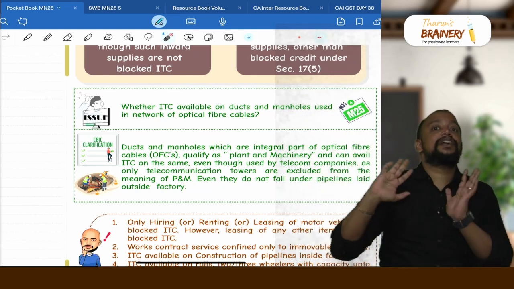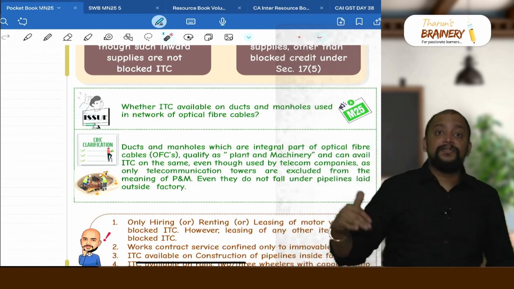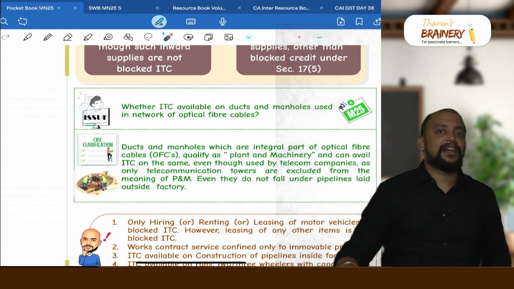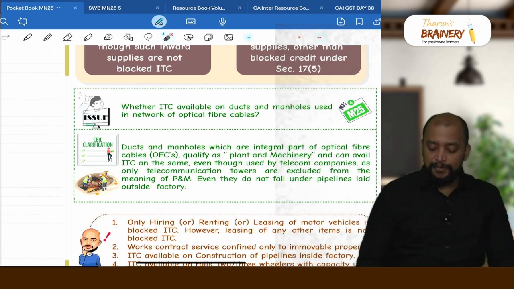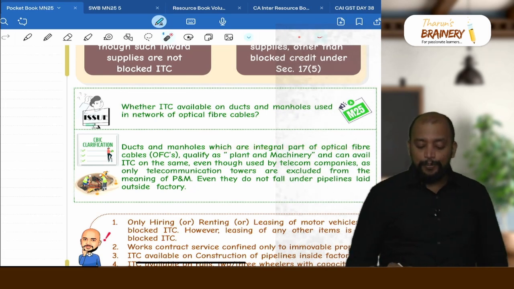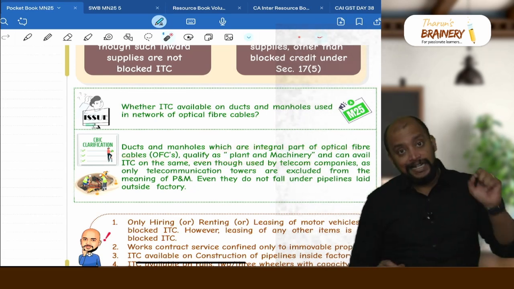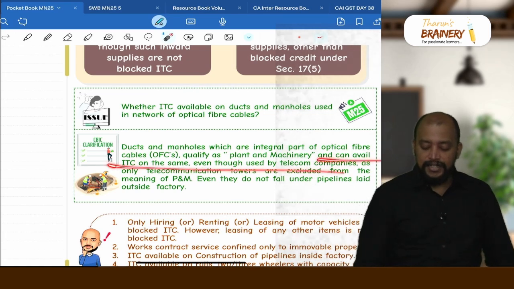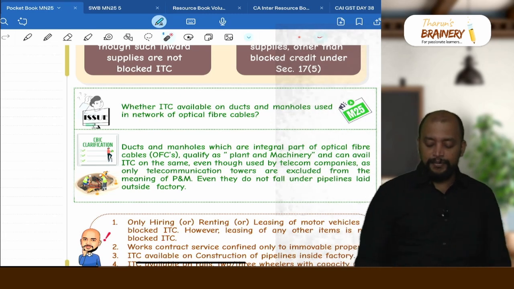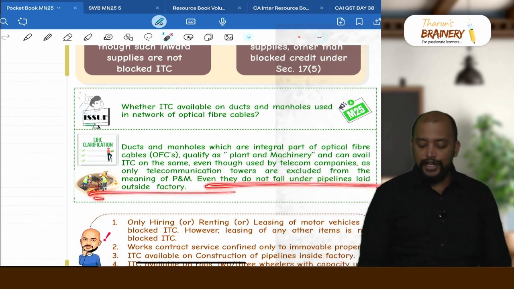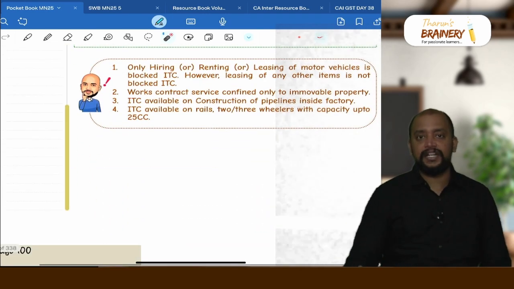No, this is not a telecommunication tower. Then, would it come under pipelines laid outside the factory gate? That is only for a factory, not for a normal telecom company. So ducts and manholes which are an integral part of optical fiber cables qualify as plant and machinery and ITC can be availed on the same, even though used by telecom companies, as only telecommunication towers are excluded from the meaning of plant and machinery, and they do not fall under pipelines laid outside the factory gate.